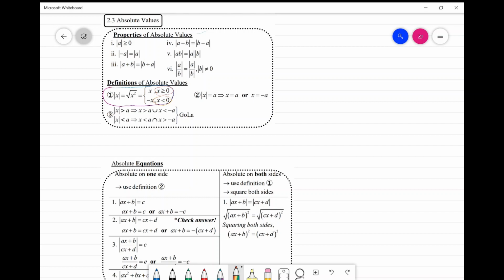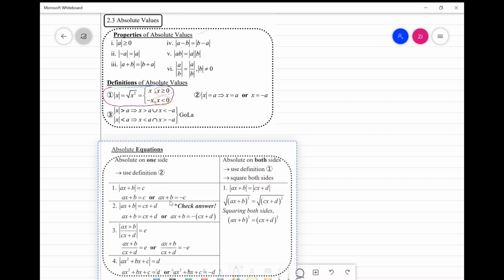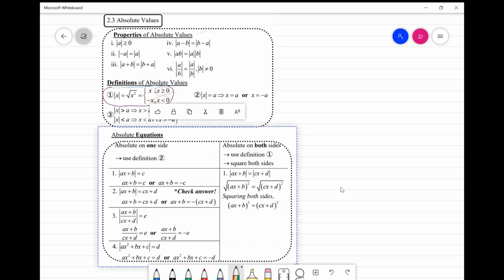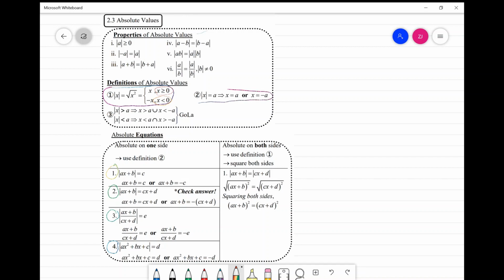Now in order to discuss the absolute equations, basically we have absolute equations of different forms. We are going to discuss 4 different forms. But first thing first, we have to know this definition. If you have an equation of absolute value, let's say absolute of x equals a value, we define this as x equals a or x equals negative a.